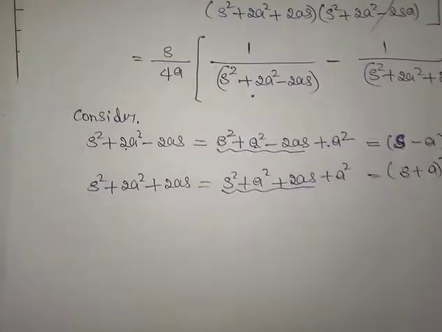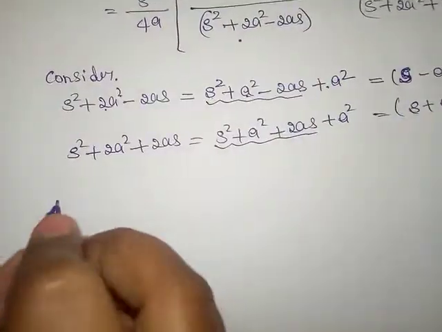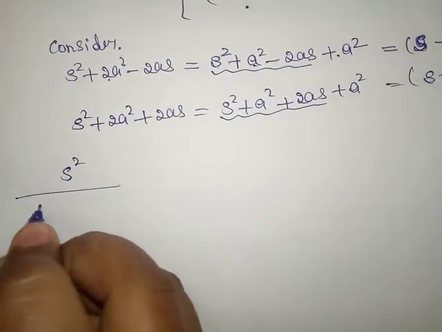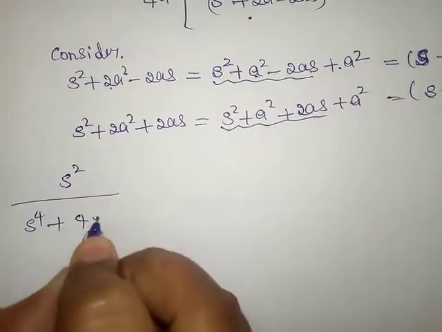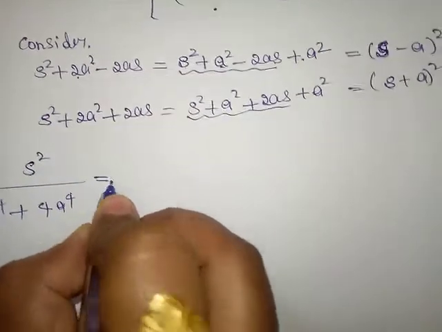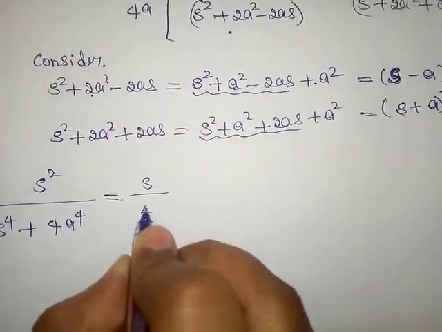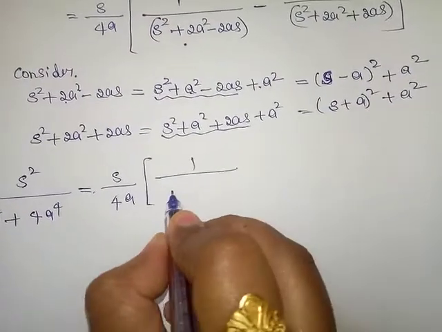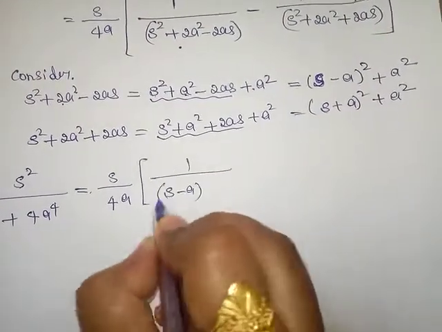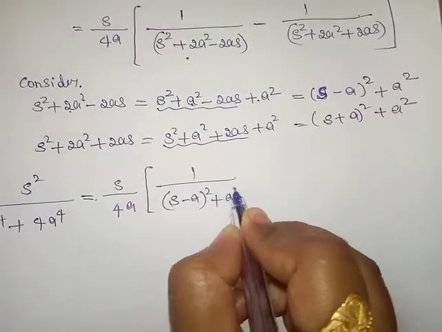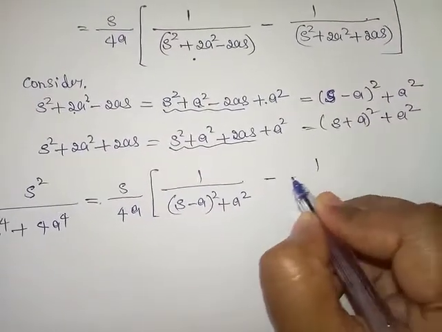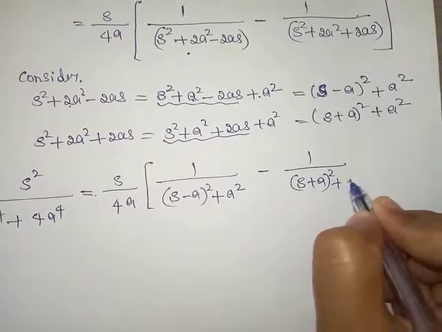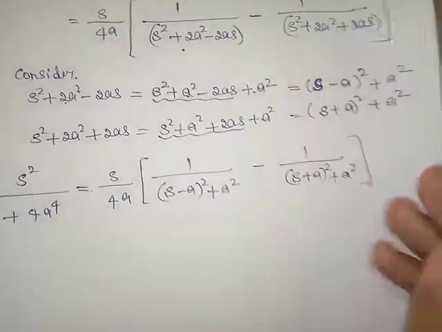After that we get s² divided by s⁴ + 4a⁴ is equal to s divided by 4a keep as it is. First term is 1 divided by (s − a)² + a² minus 1 divided by (s + a)² + a².